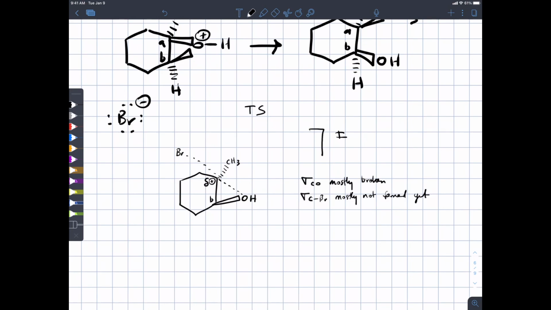But whatever percent broken this bond is, it's not far enough away that you have a full carbocation on carbon A. That OH group is still shielding the top face, and so the nucleophile comes in from the bottom. This is sort of an SN1-like SN2 transition state.